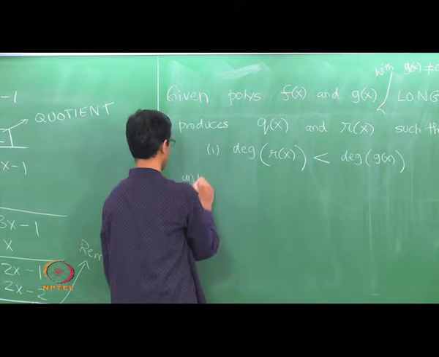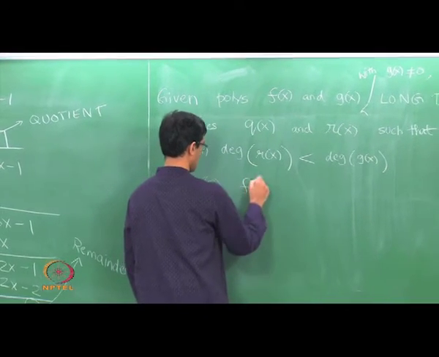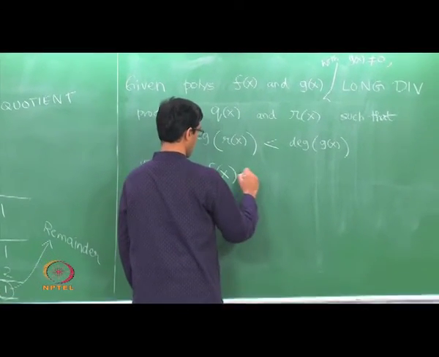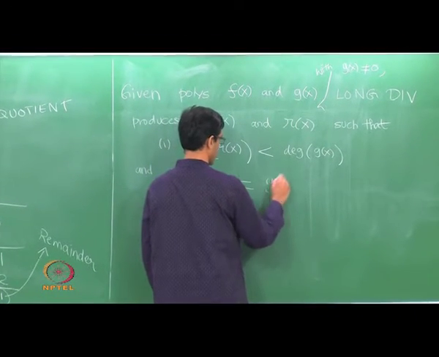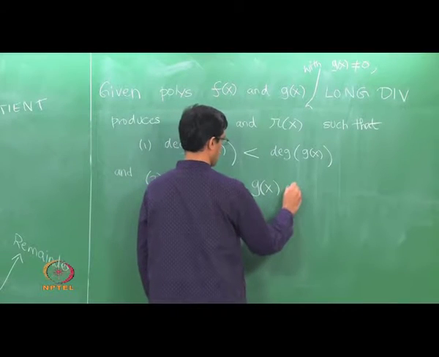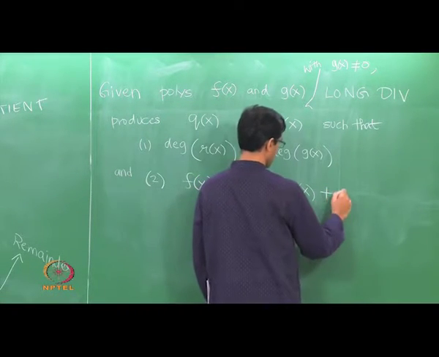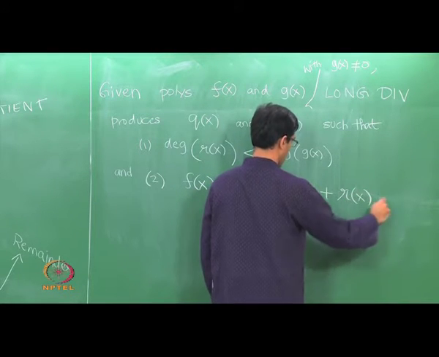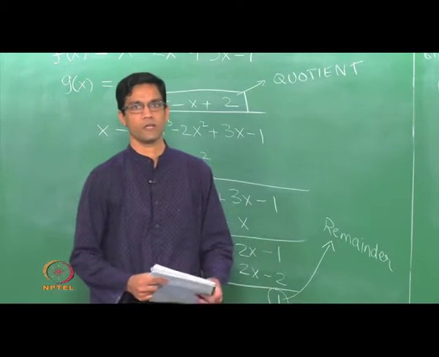And what's property 2? Property 2 is the original polynomial f. So what does it mean to divide it? It is just g times this quotient that you get on doing the division, and then r of x is the extra guy. Okay, so that's the key outcome of doing the long division process.